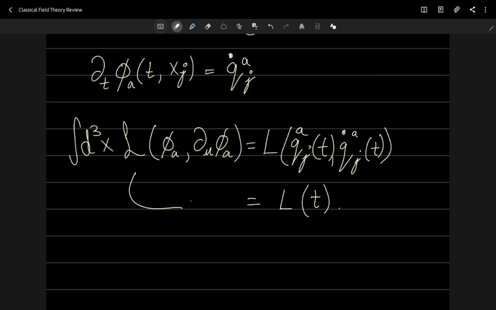So if you take this integral, you are left with the time dependence of the Lagrangian.